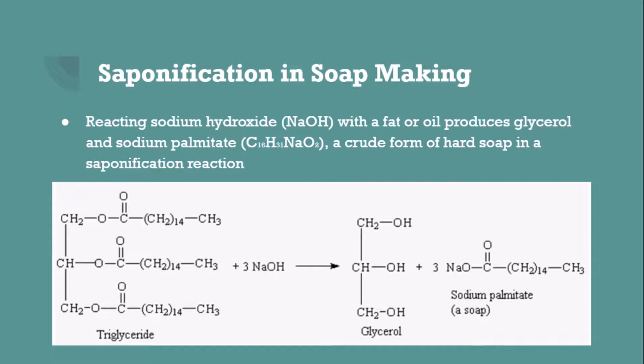In my demonstration, I used sodium hydroxide, NaOH, and olive oil to produce glycerol and sodium palmitate as seen in the little diagram there. This produced a substance resembling bar soap rather than liquid soap, which is made with potassium.